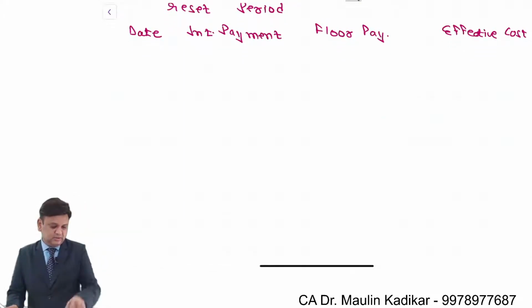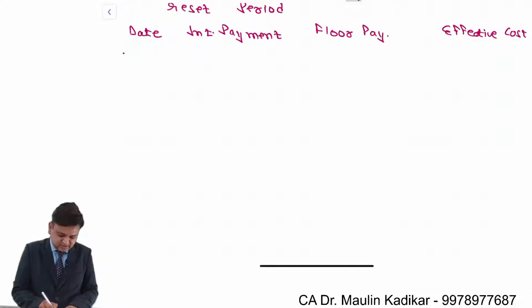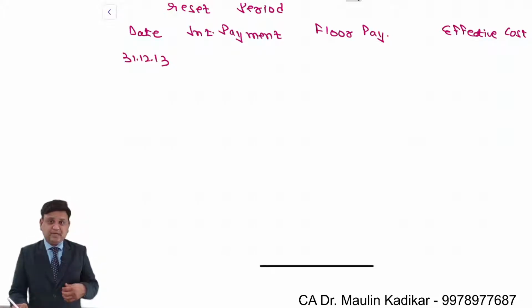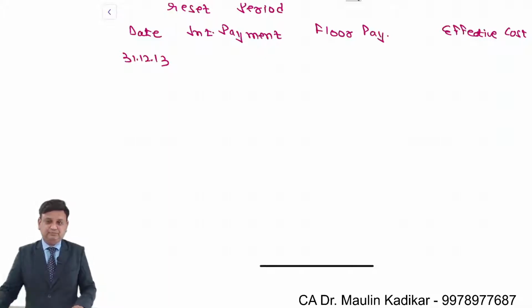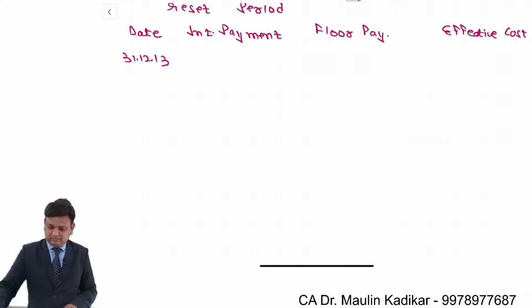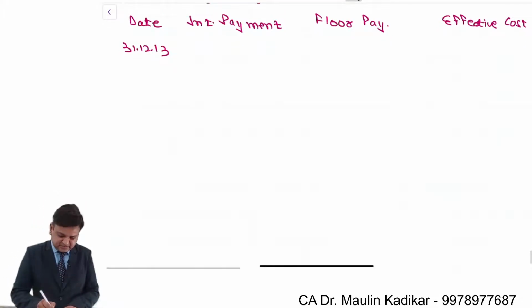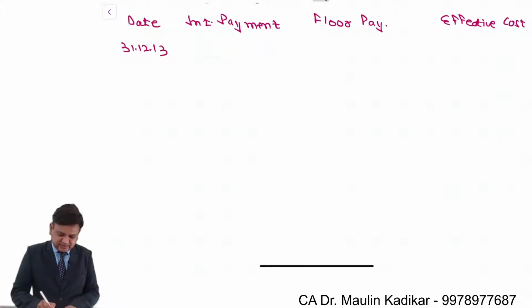So here the starting date is 31st of December 2013. The amount of the borrowing is 10 million. That comes to 100 lakhs. Dear students, it has been given that the reset period is 6 months.